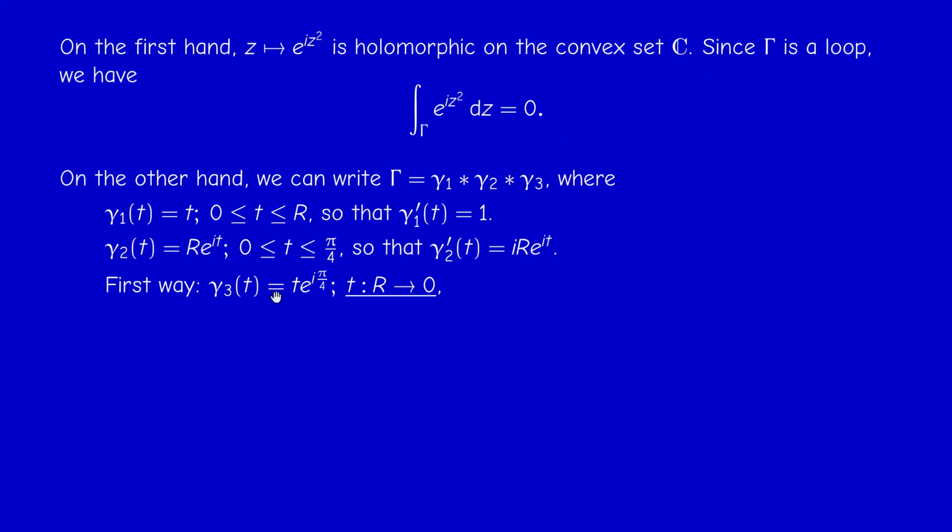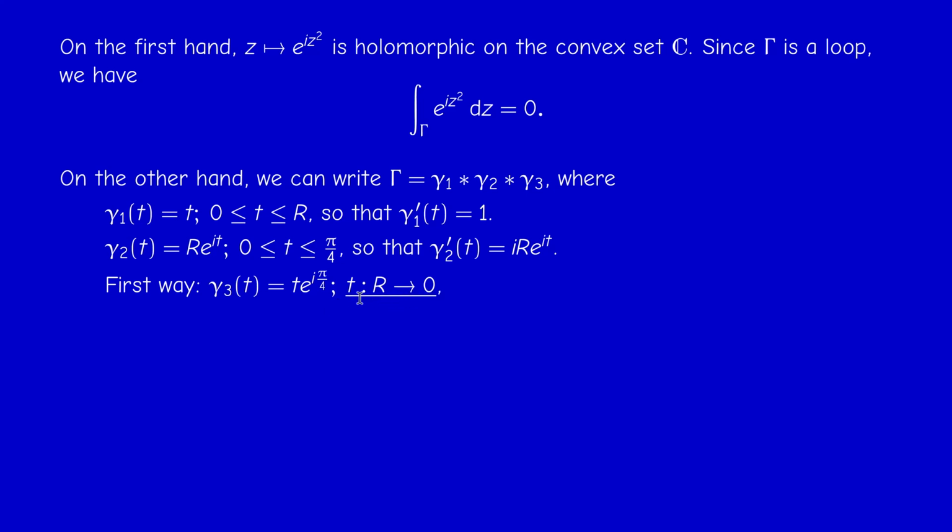Here it's a straight line segment. When t equals r, we are at r e to the i pi over 4, which is, by the way, r times (1 plus i) over radical 2, because cosine pi over 4 is 1 over radical 2, and same for sine. So we can write it in this way. We cannot write t between r and 0, because r is positive, but we can use this notation that tells me about the orientation.